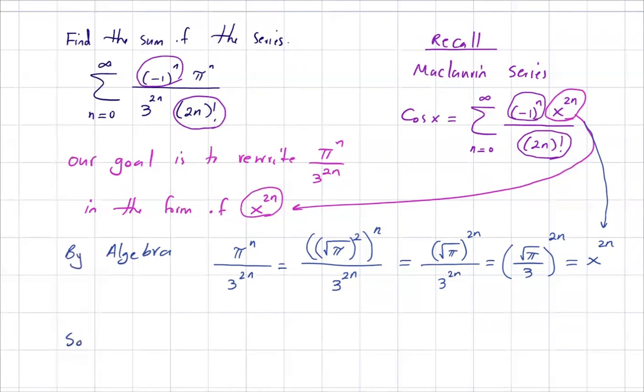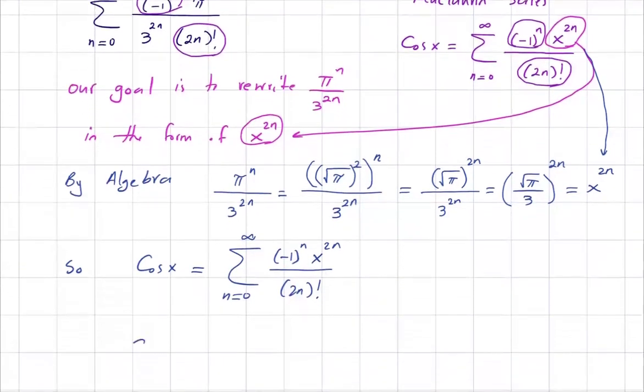So cosine of x, which is written as the summation of (-1)^n x^(2n) divided by (2n) factorial, starting from 0 to infinity, now has cosine of square root of pi over 3.